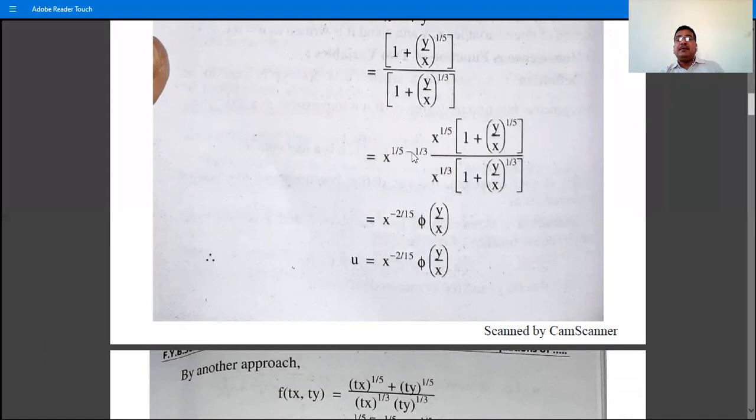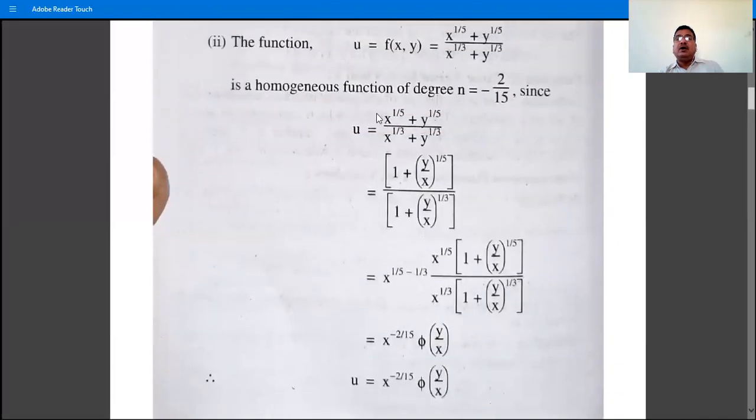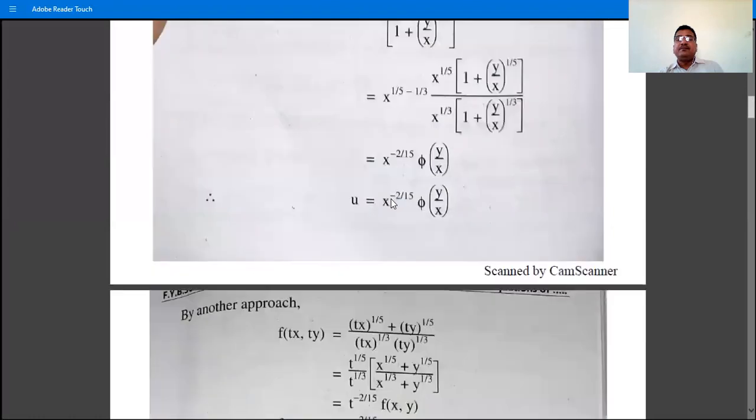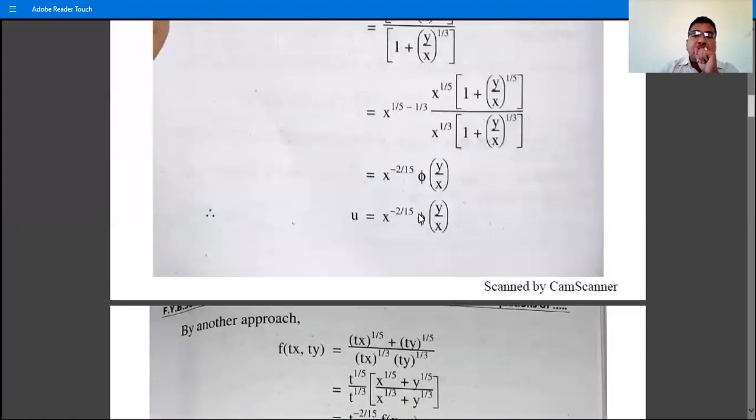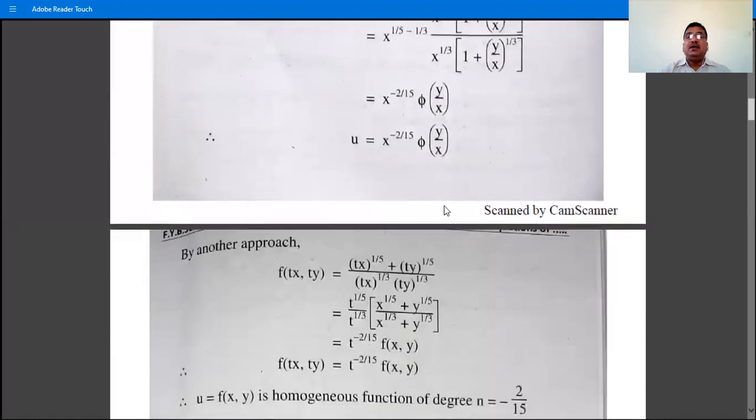The remaining part is a function of y by x, suppose phi y by x. Therefore u or f of xy is expressed in the form x raised to minus 2 by 15 phi y by x, and this is a homogeneous function of degree minus 2 by 15.